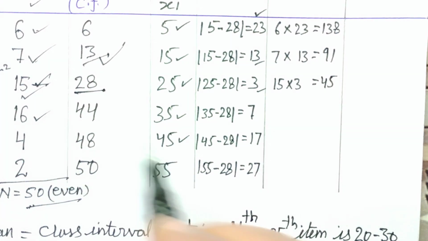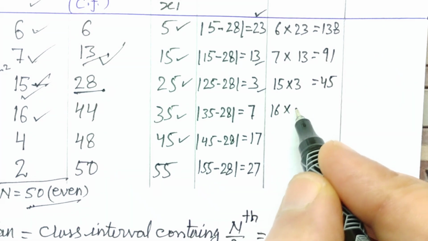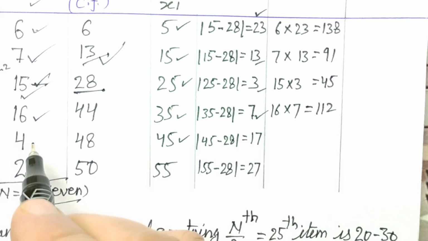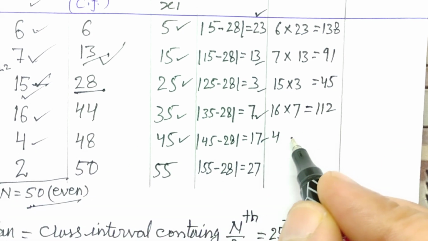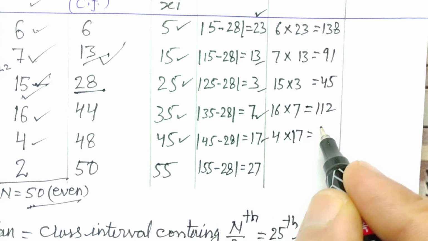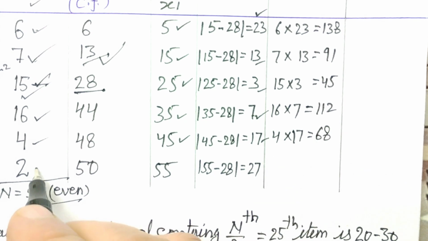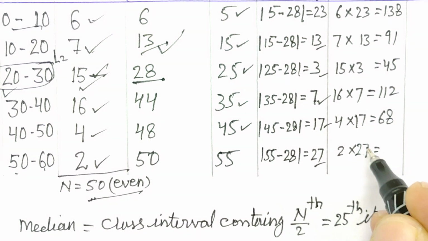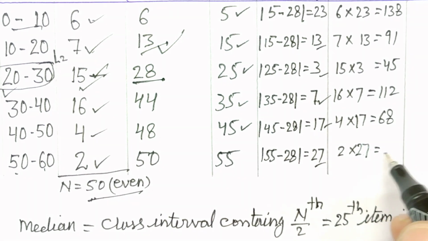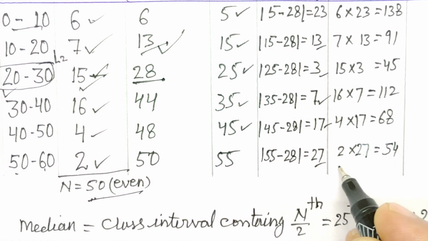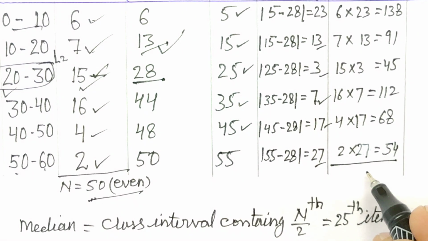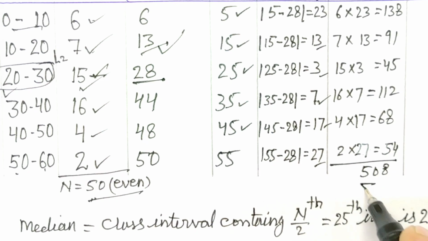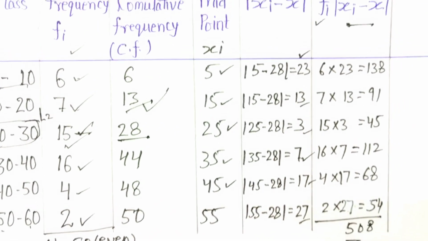Then 16 into 7 is 112. Then 4 into 17 is equal to 68. Then 2 into 27 is equal to 54, right? So the summation is 508, right?